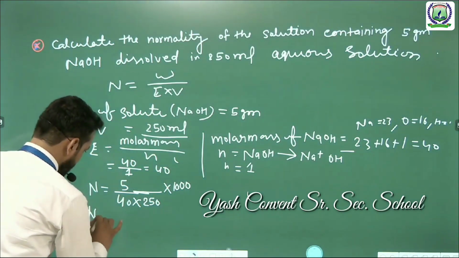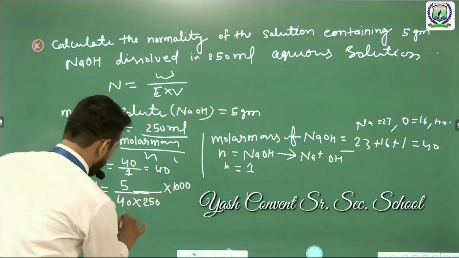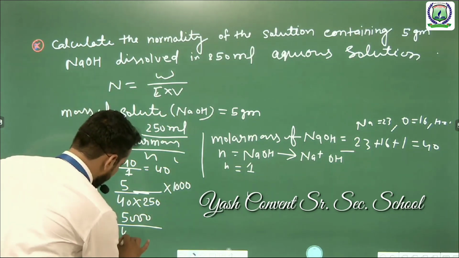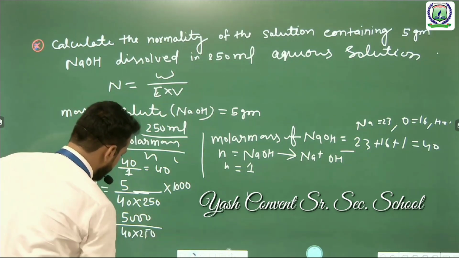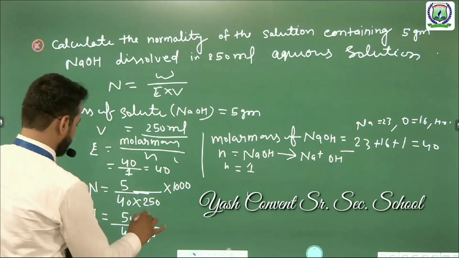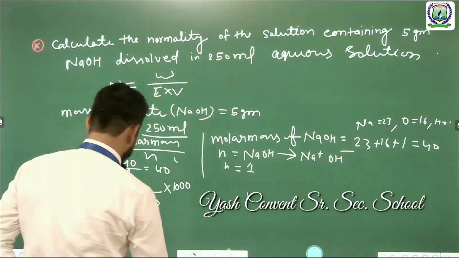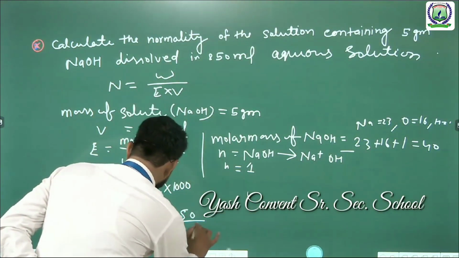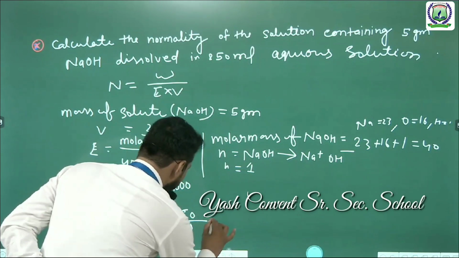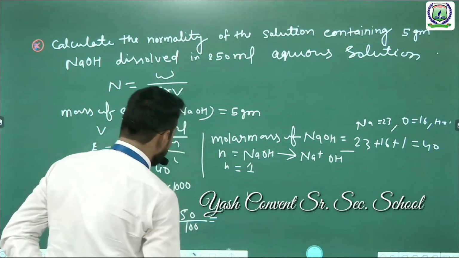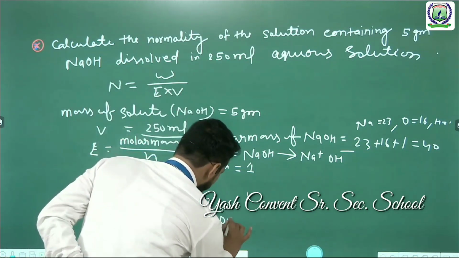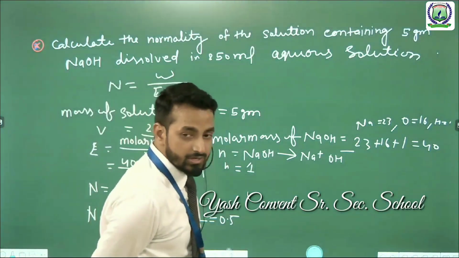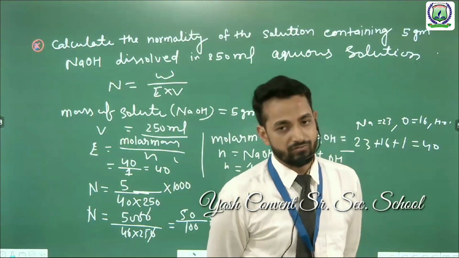Then the normality is equal to 5000 upon 40 into 250, which is 50 by 100, equal to 0.5. The normality of the solution is 0.5.